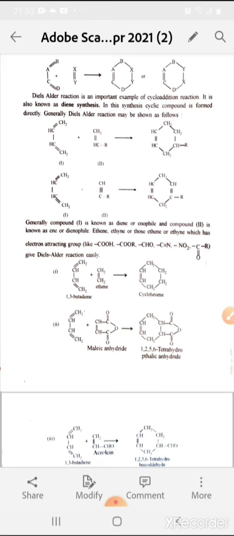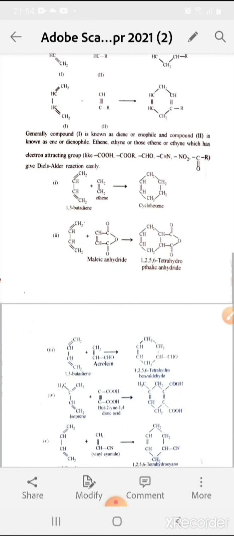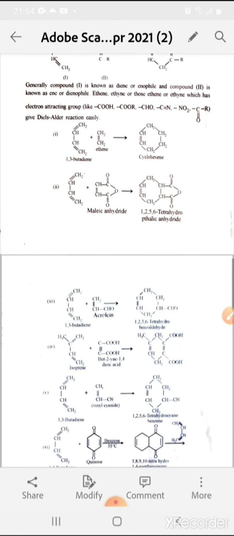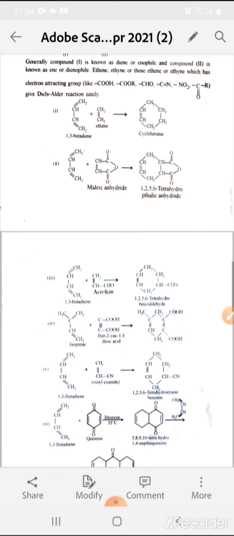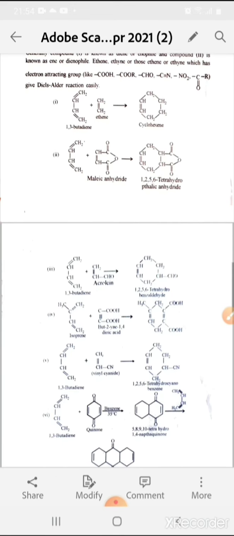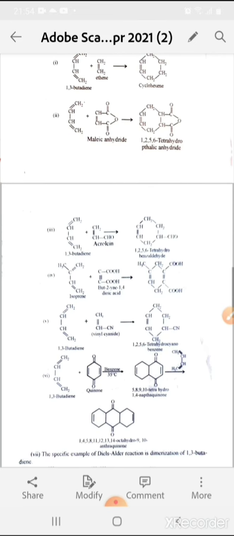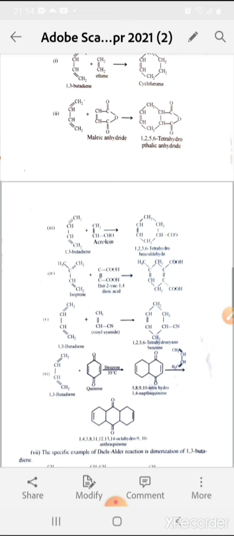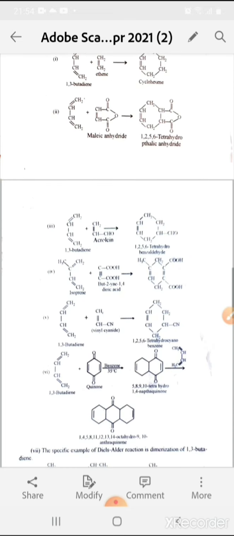So for example, 1,3-butadiene reacts with ethene to form cyclohexene. 1,3-butadiene reacts with maleic anhydride to form 1,2,5,6-tetrahydrophthalic anhydride. In the third reaction, 1,3-butadiene reacts with acrolein to form 1,2,5,6-tetrahydrobenzaldehyde.